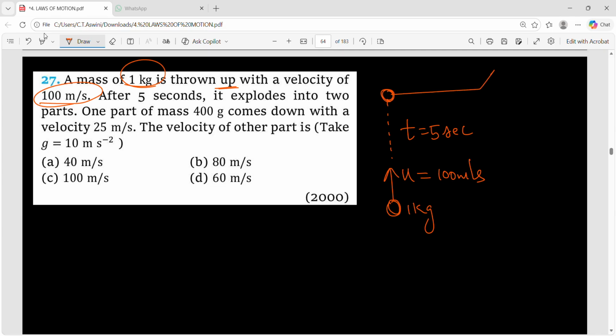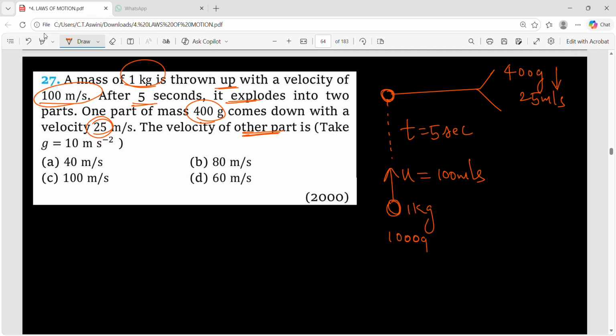After 5 seconds, now this is exploding into 2 parts. First part mass is 400 grams and it is coming down with velocity 25 meter per second. What is the velocity of the other part?